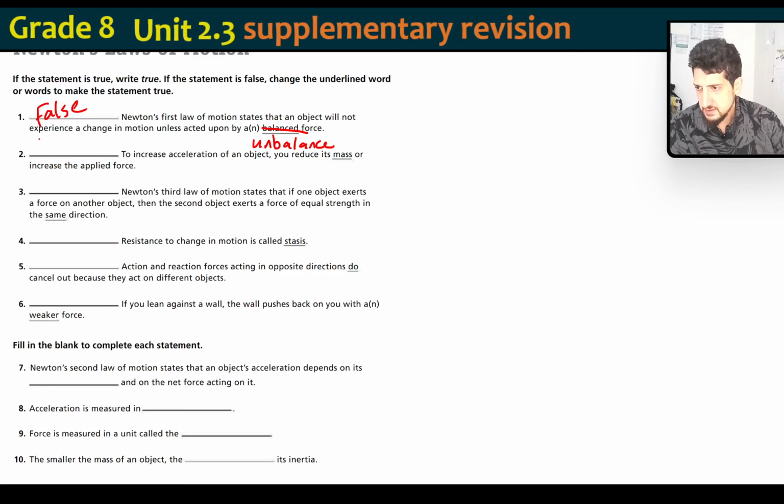Yes, if it has less mass, or if you increase the force, then it will accelerate more. Newton's third law states that if one object exerts a force on another object, then the second object exerts a force of equal strength in the same direction. No, equal and opposite.